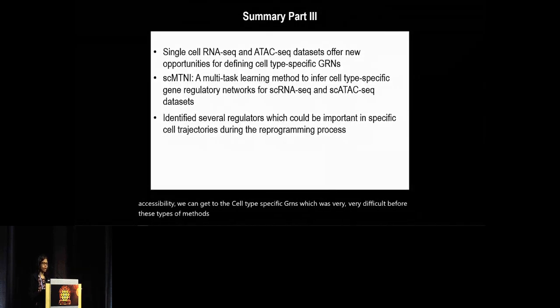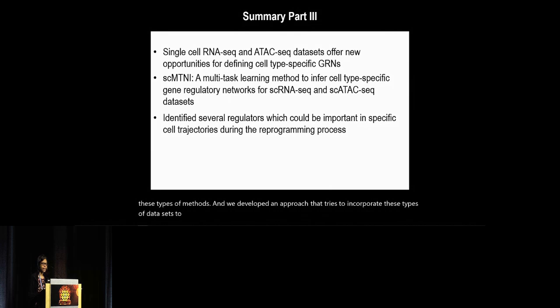And we developed an approach that tries to incorporate these types of data sets to infer GRNs for different cell types and to try to leverage how they may be related. How they're related is something that we expect as input right now, but that's again another area of interest where you can think of another learning problem.